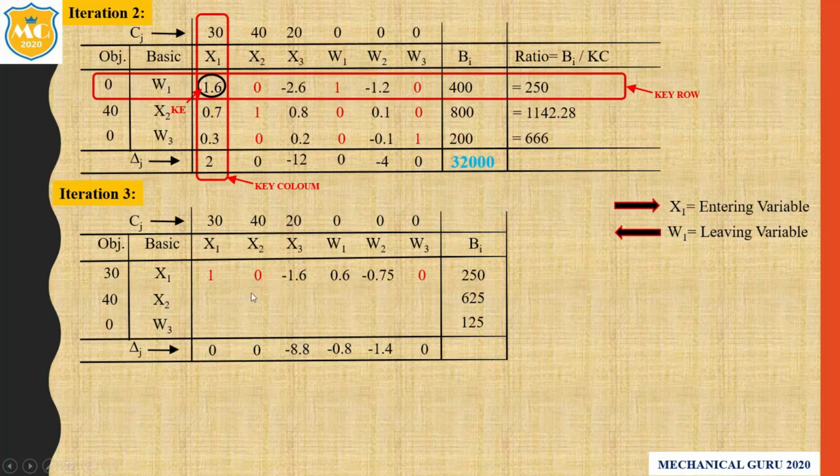This data is not required; if you have time then you can solve it. Just for your information, we found all the values: 0, 1, 0.80, 0.11 and the remaining. So here we get 32,000 and 32,500.